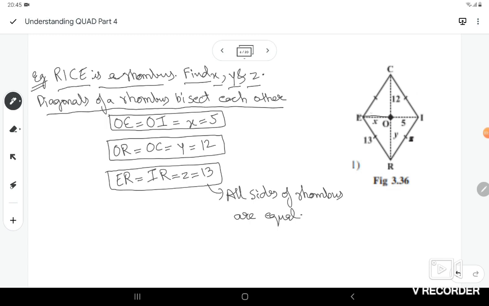So OE is equal to OI, which is x equal to 5, and OR is equal to OC, which is y equal to 12, and also ER is equal to IR, which is z equal to 13, because all sides of a rhombus are equal in length.